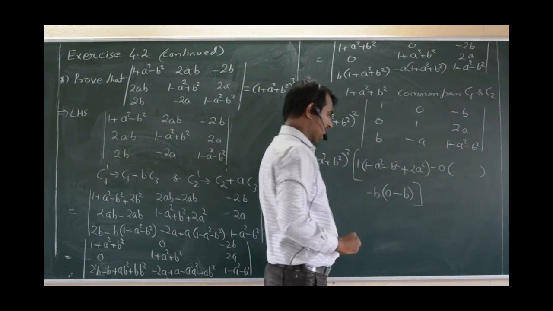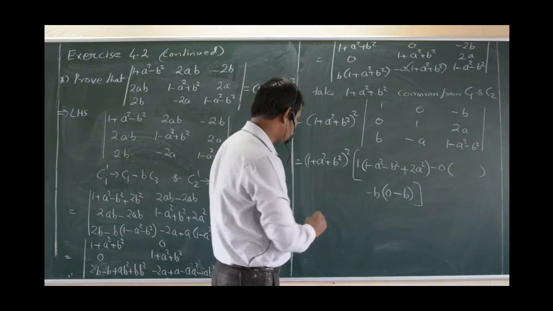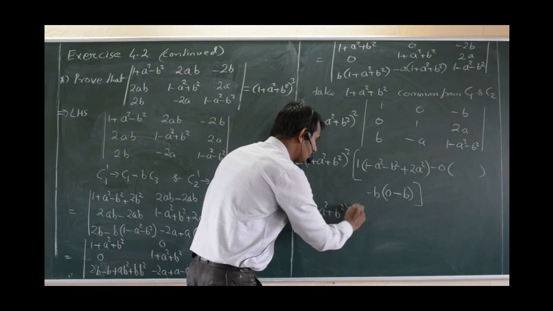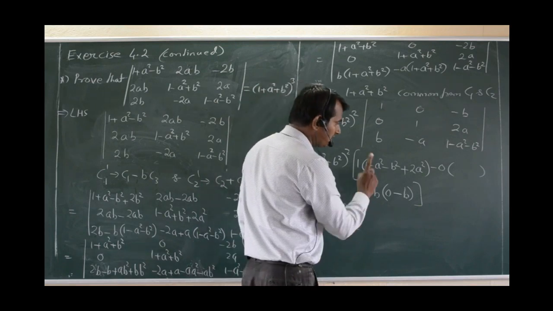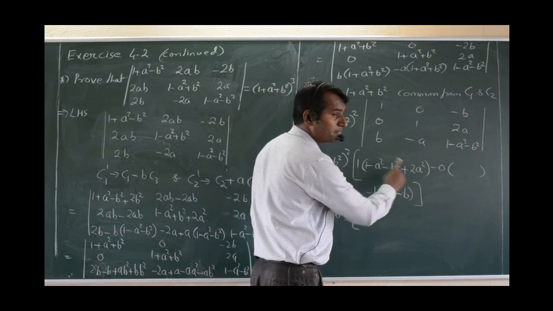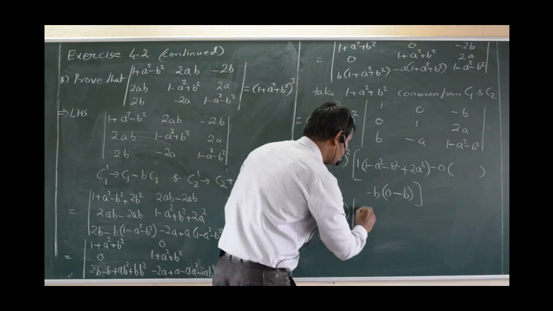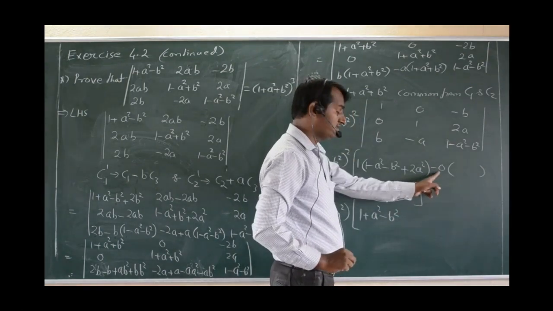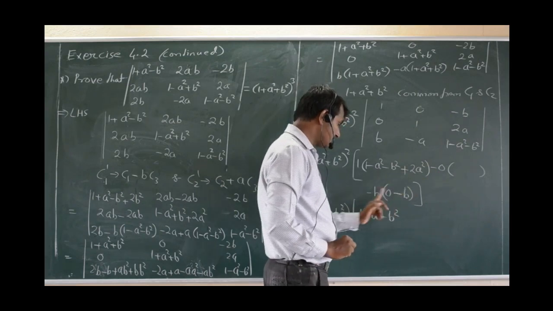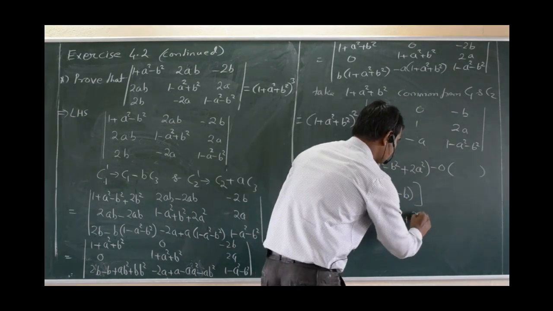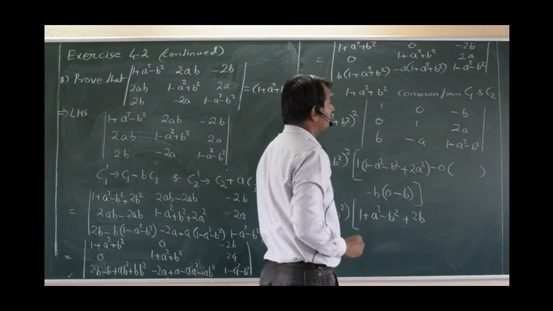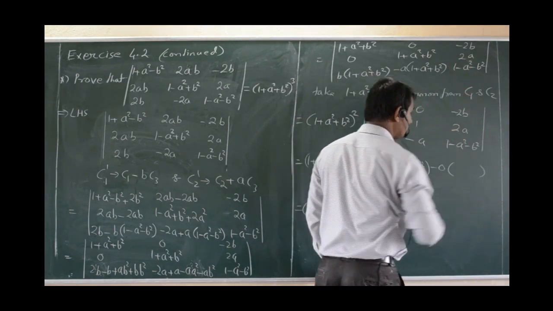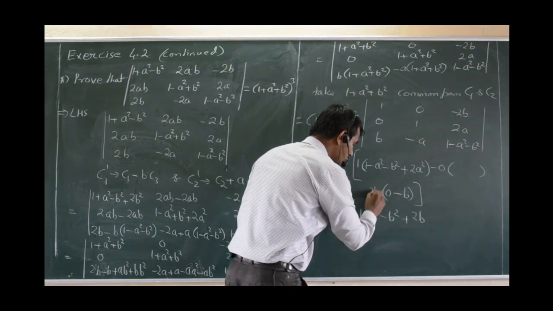Now I will expand and evaluate what we get here. 1 plus a square plus b square into, here we can observe that minus a square plus 2a square, I will get the value as 1 plus a square minus b square. Since it is 0, leave it. Then minus into minus we are having here plus 2b square. First of all we have to observe that here we are having minus 2b, and here it is 2b.